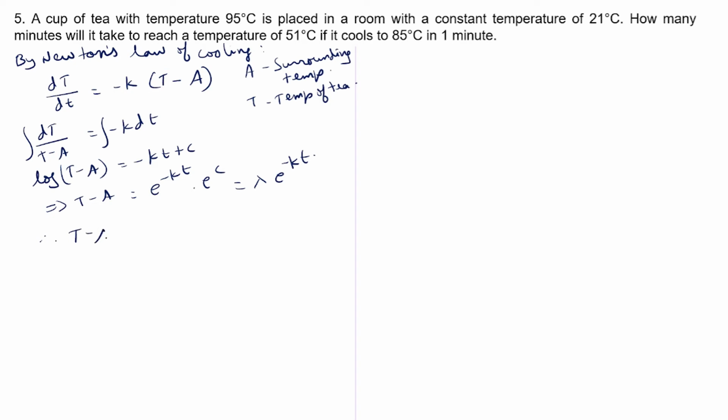So the model is T minus A equal to lambda into e raised to minus kt. This is what we have seen in Newton's law of cooling. Now let us mark this as equation 1.